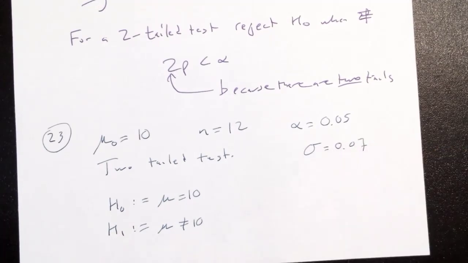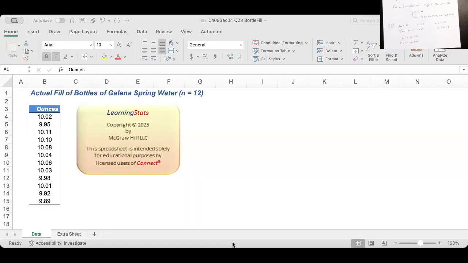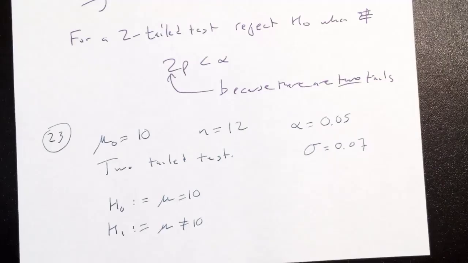So what I need is the average. They gave me the data though, right? They actually gave me all the numbers. So I can simply grab that data. That's the wrong one. Stop. I want to share. Wait, I wanted to share that one.